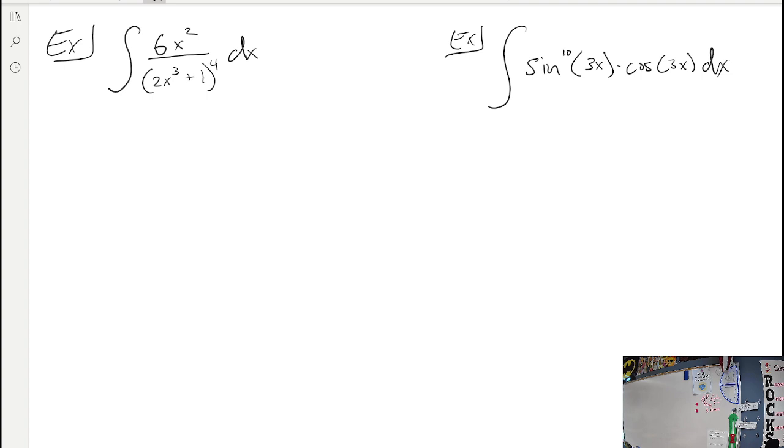Replace this whole thing, and you can replace the dx with this. Check out what happens when you do. I replace this with u. Yep. Good. Replace the dx with that.